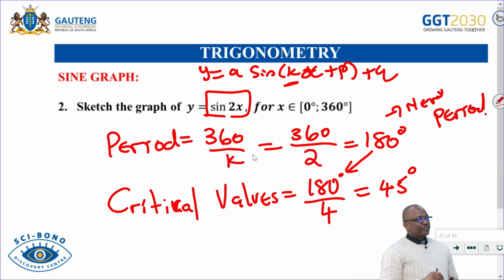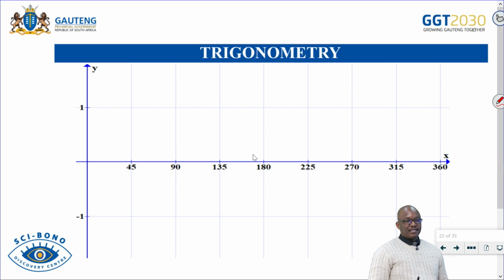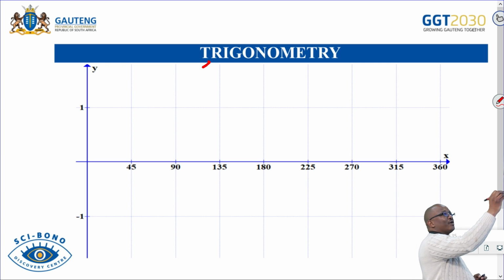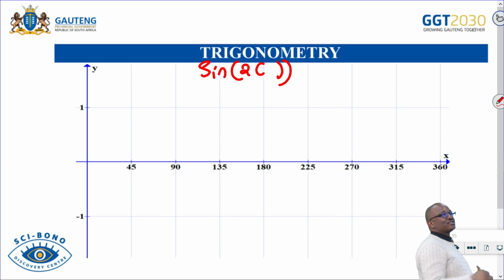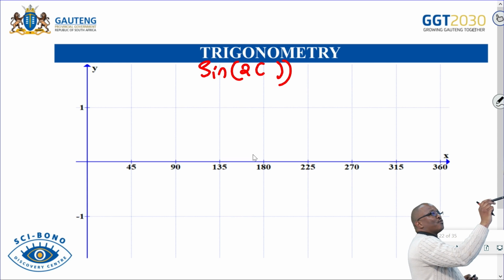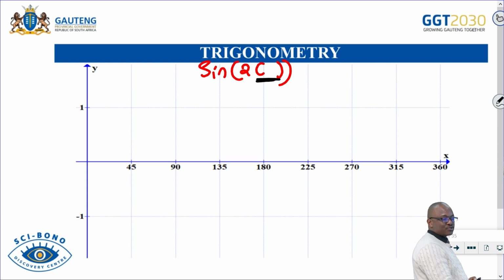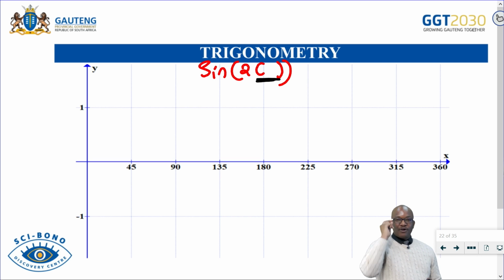So now, when we sketch it in your calculator, you are going to have sine of 2x, then we close the bracket like that. Where we open the bracket next to 2 there, it's your x value.